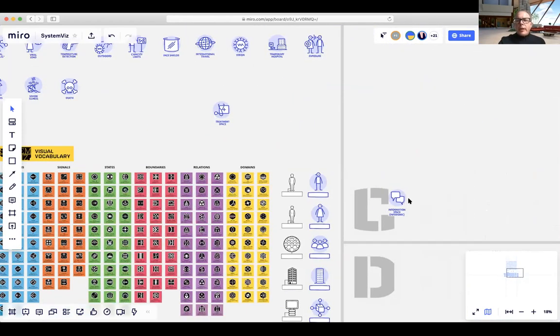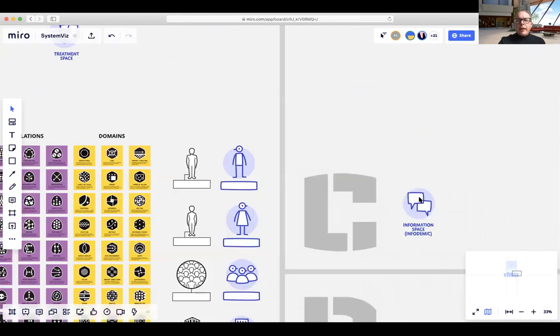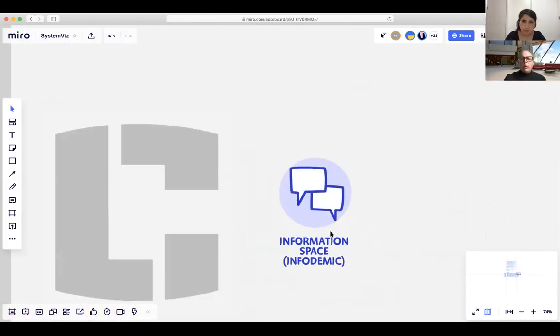But also we can think of this as an information space. So it's all about sending information, public information, people figuring out what to do given the threat posed by the pandemic, what kind of advice, how does expert advice circulate through the system, all these sorts of information elements.